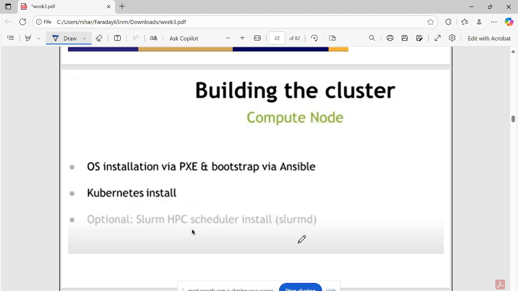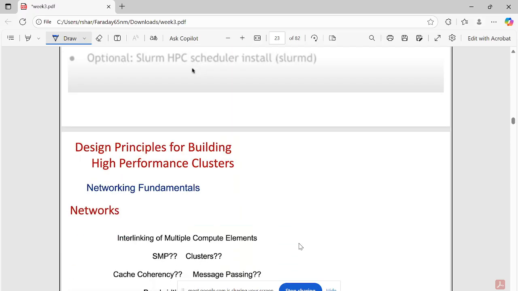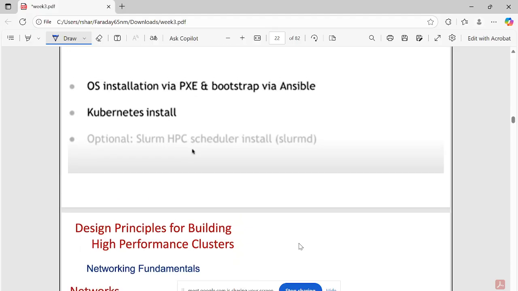We have the management node and the login node, and there are various ways of doing software installation and bootstrapping of the login node. Then there is a compute node, where we need to install Kubernetes again and bootstrap it.